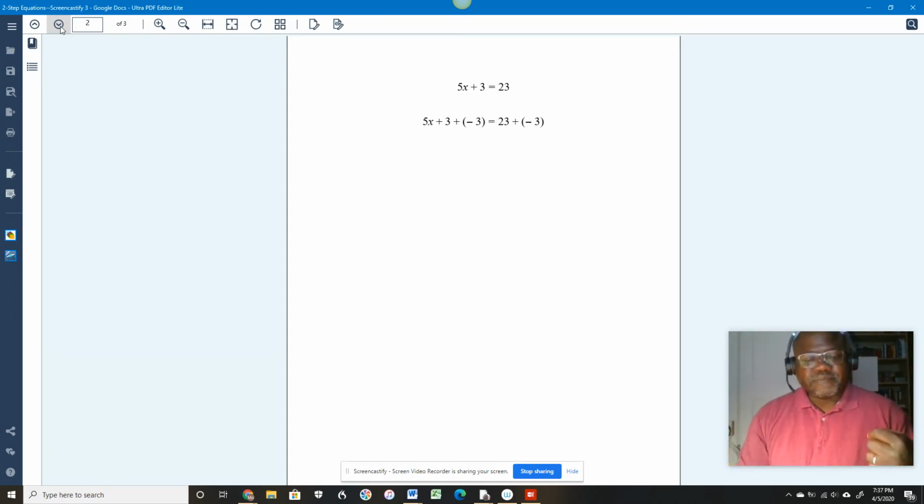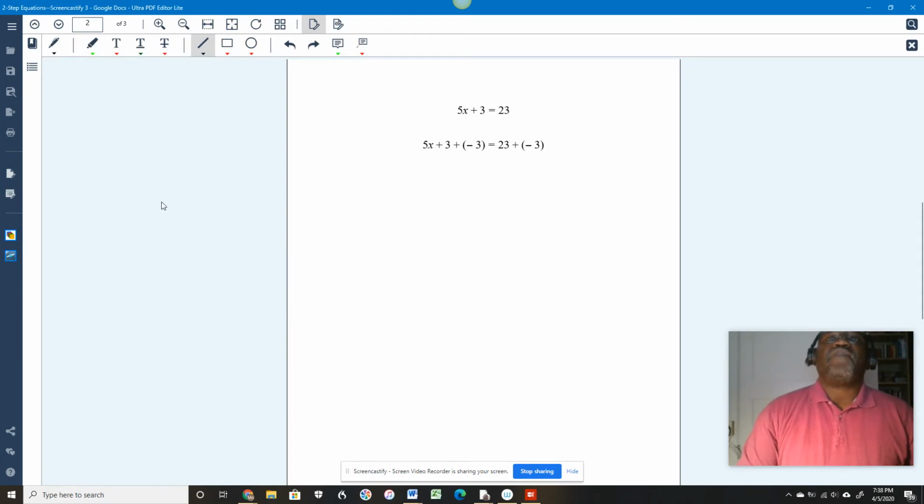Okay. If we add negative 3 to both sides of the equation, 3 and negative 3 cancel each other out.